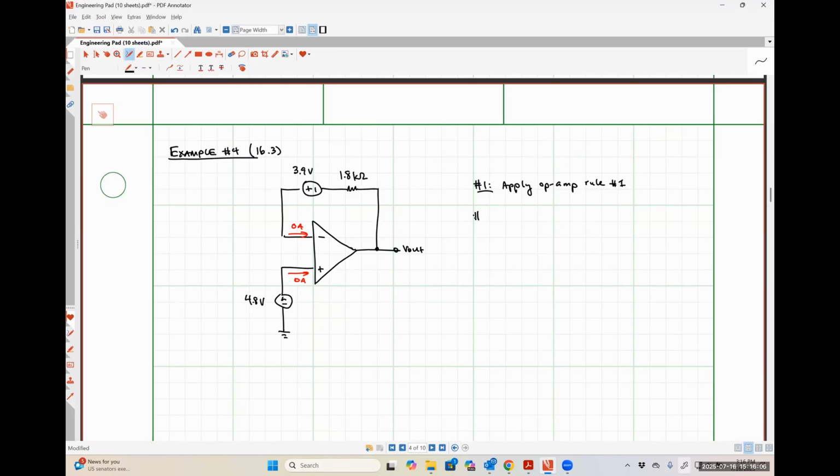Then we are going to find V plus. So can somebody tell me what the voltage is at this node? 4.8 volts. Thank you, Trevor. So what's the voltage at this node? Sorry, let me write down step 3 while somebody answers that.